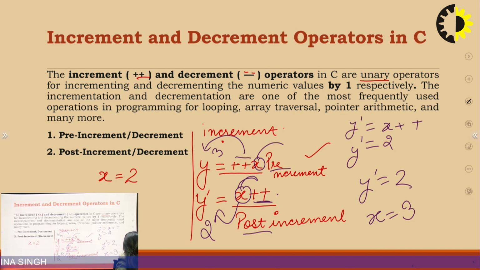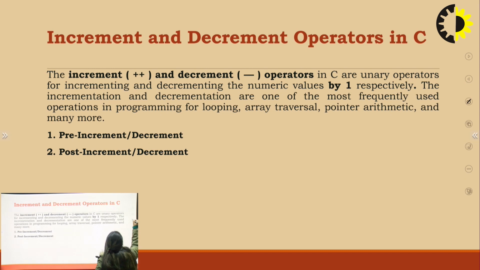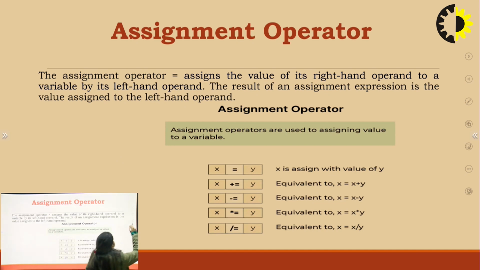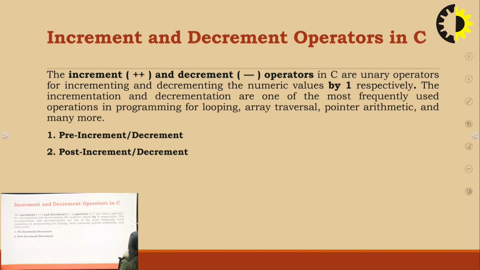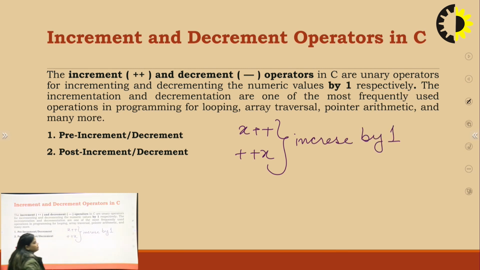Whenever you have x plus plus or plus plus x, then in this case you will always increase the value, that means you will increase by 1, which you have seen also.